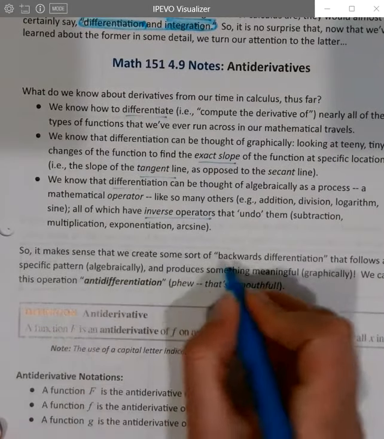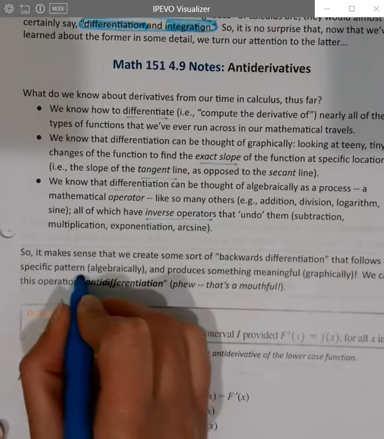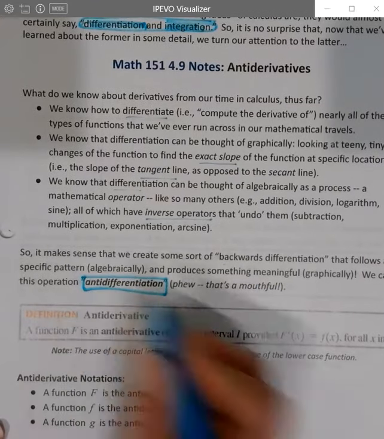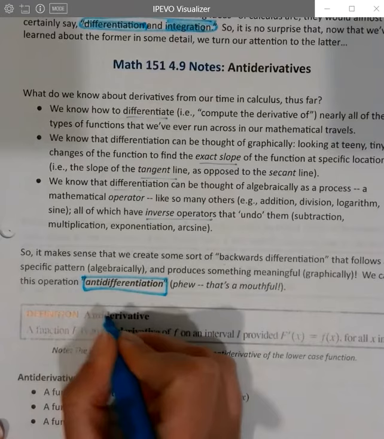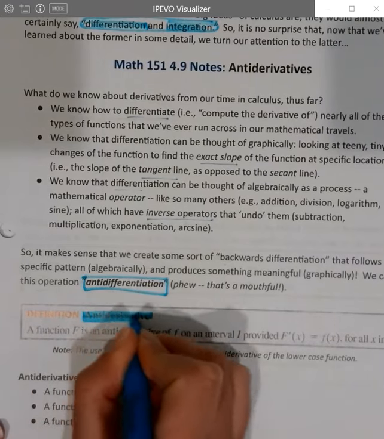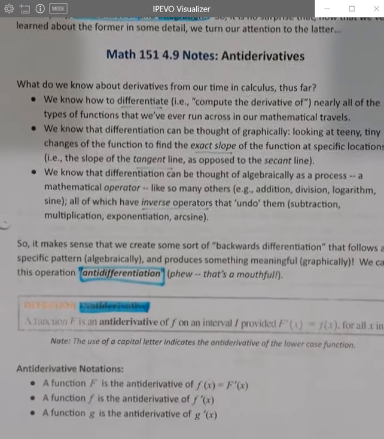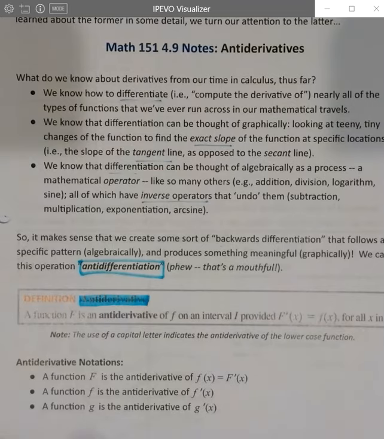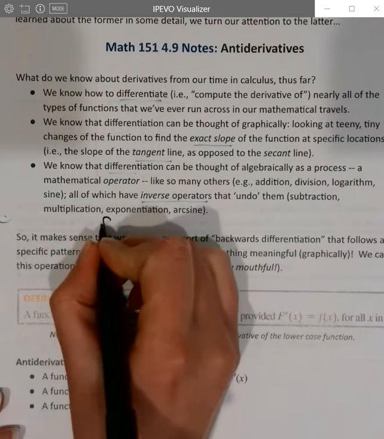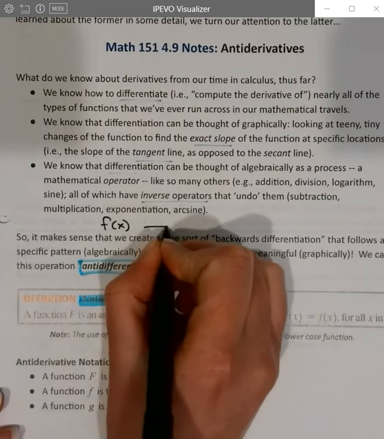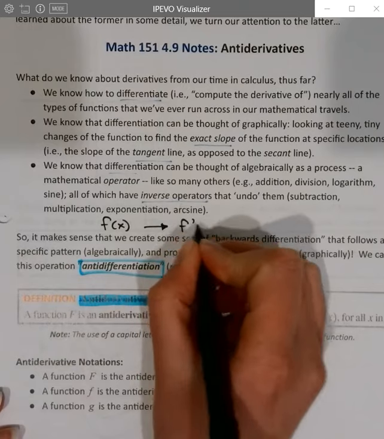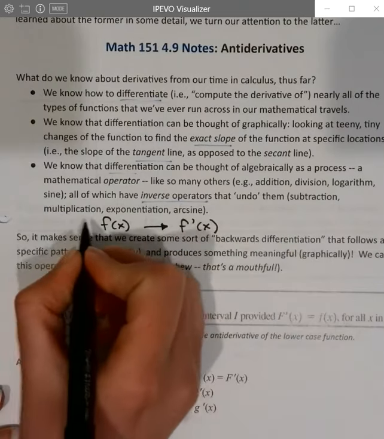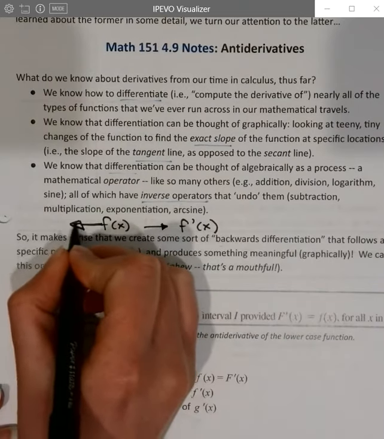We're going to do some backwards differentiation, or anti-differentiation. And so the first thing that we want to define is what the antiderivative of a function is. So we have some notation for derivatives. In derivatives, we know that if we have little f of x, its derivative is f prime of x, but we don't have a name for what it might have come from.